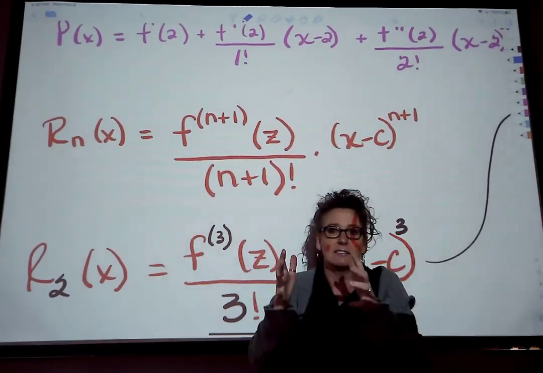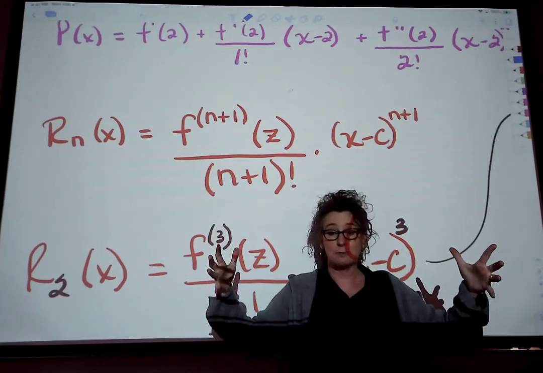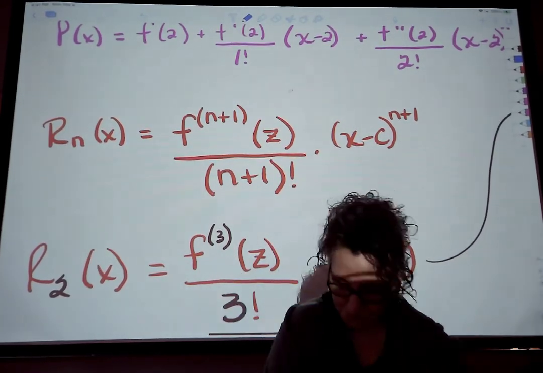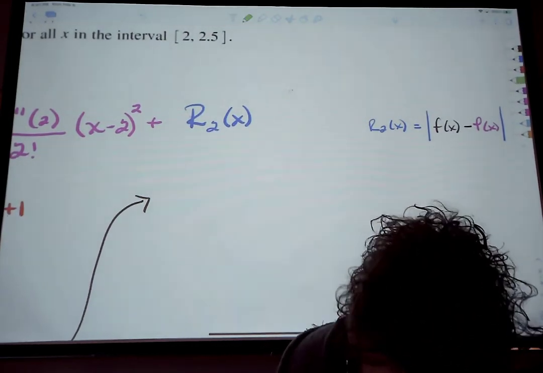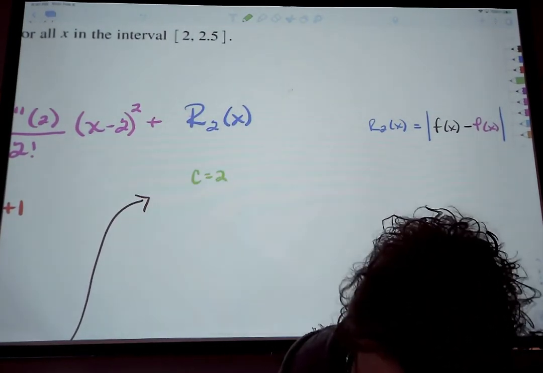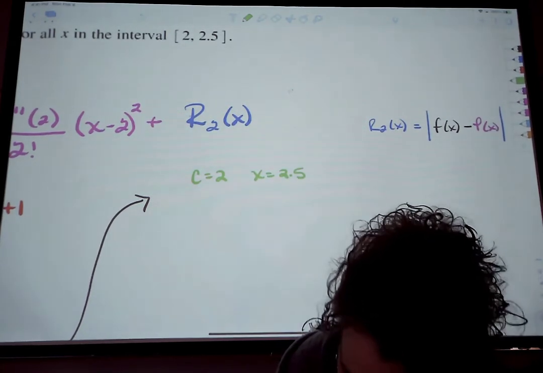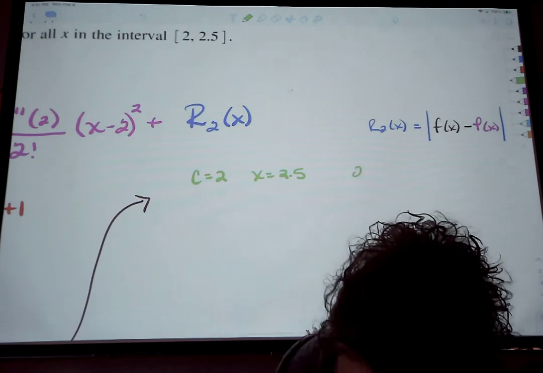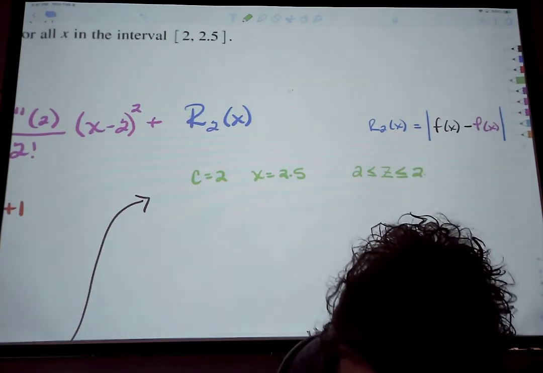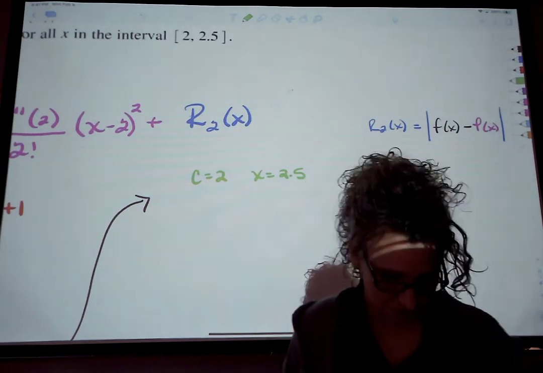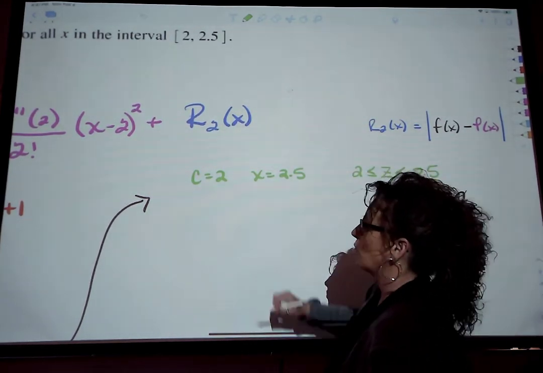X is how far out are we going? So that's part of your interval right there. Better start writing some of this down. C is 2. X is 2.5. Thus, z would have to be in there somewhere.